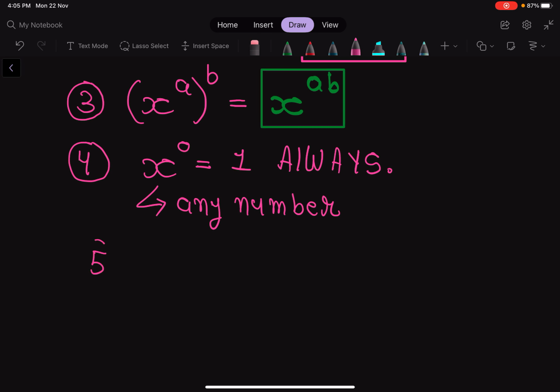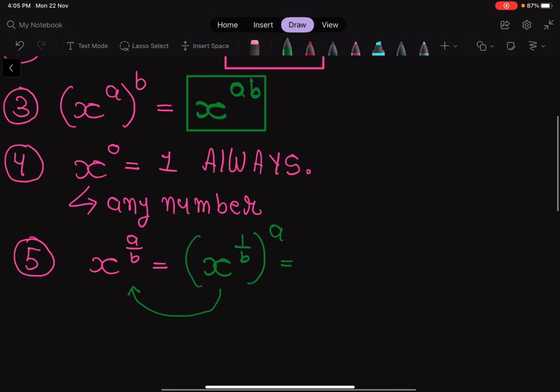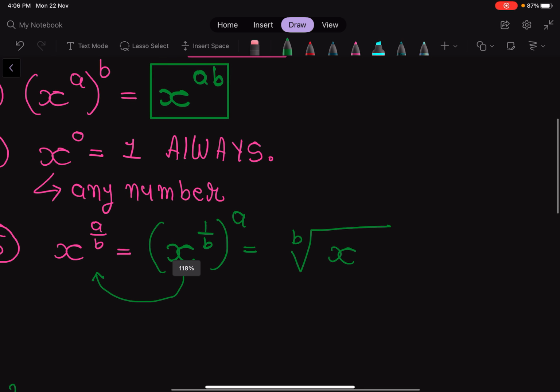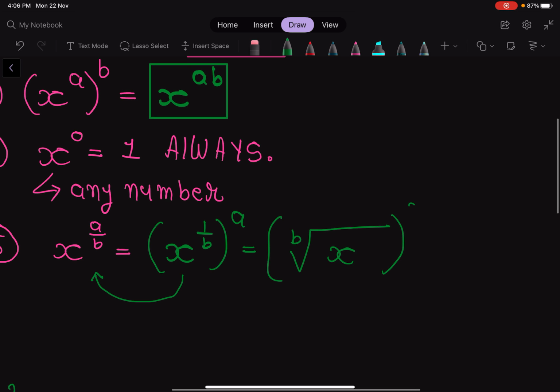And the last rule we have is that if you encounter something like x raised to the power a upon b, what this really means is that the expression could be x raised to the power 1 upon b and the whole raised to the power a. So if you open the bracket, this makes it this, and you can also write it as the b-th root of x, raised to the power a.